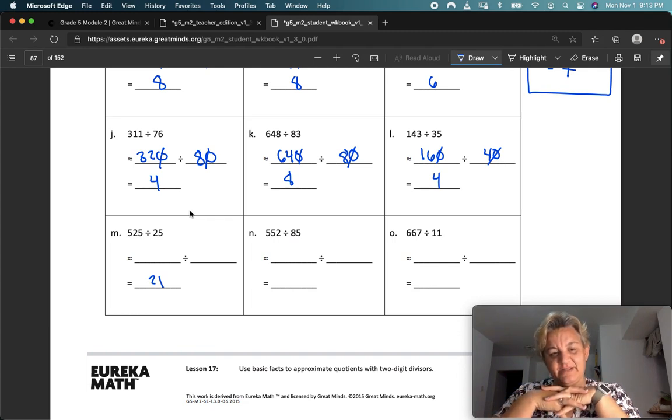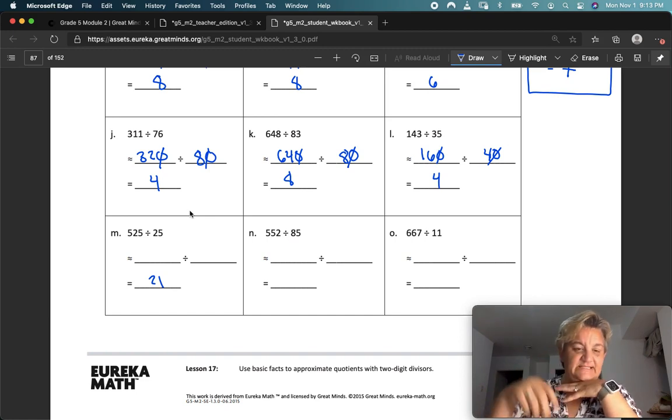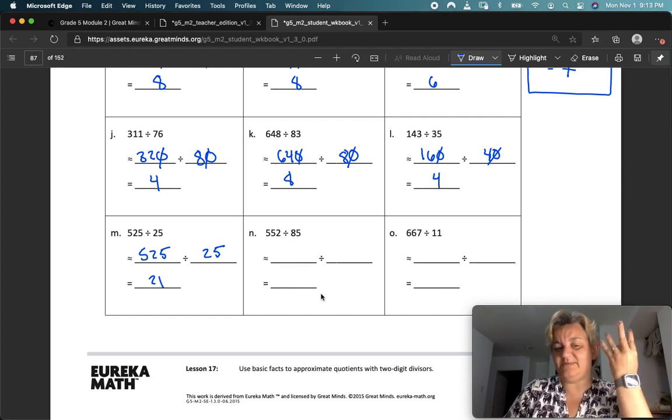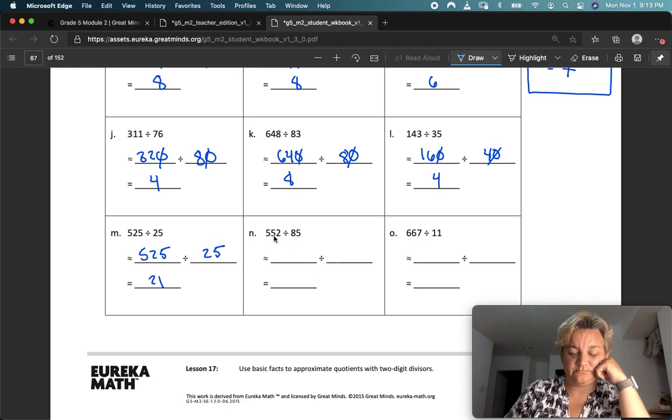Sometimes when you're estimating, you can make some colorful decisions, some artistic choices. Honestly, this one I don't even think we can just solve it, right? Because 25 goes into 525 21 times. Might as well just answer the question, right? Instead of trying to estimate.